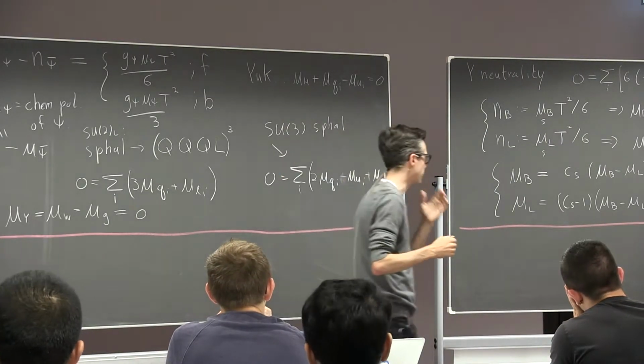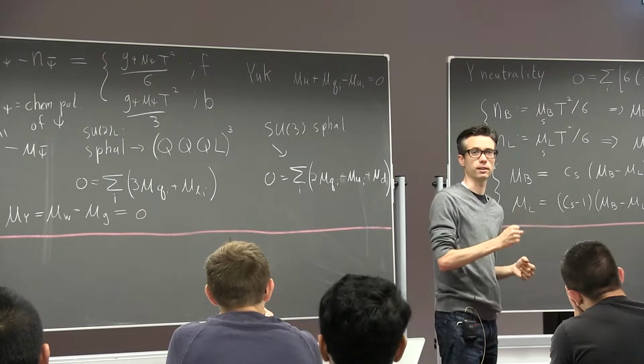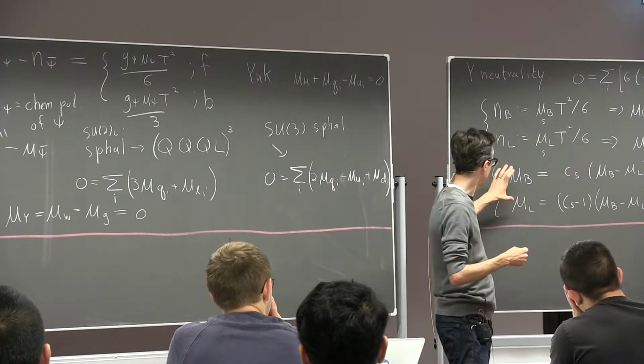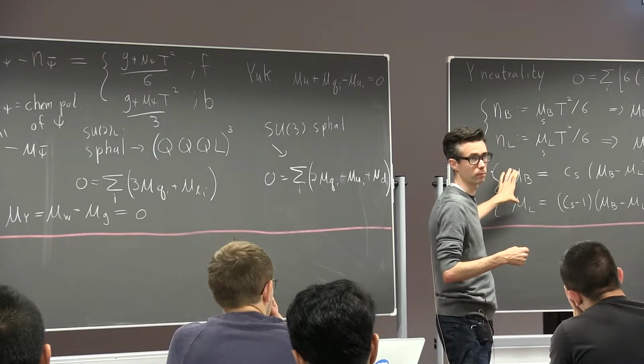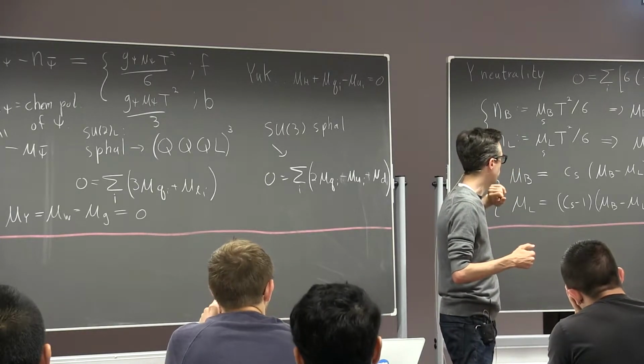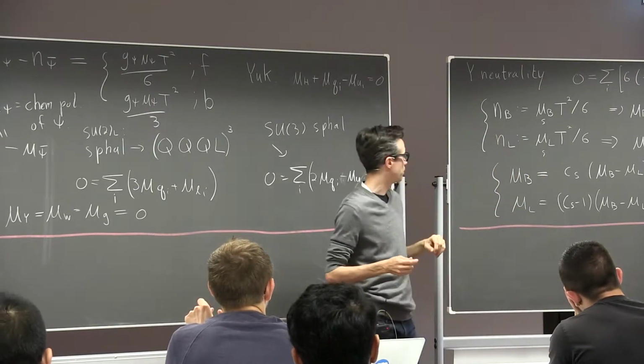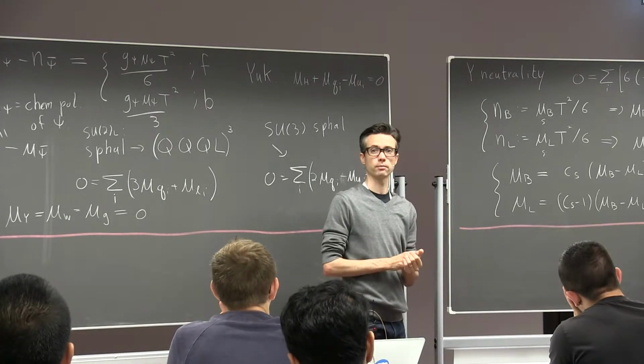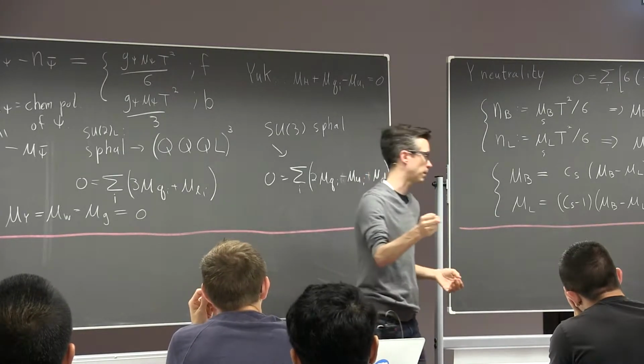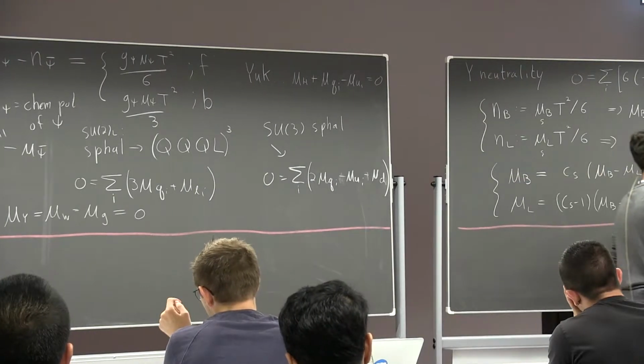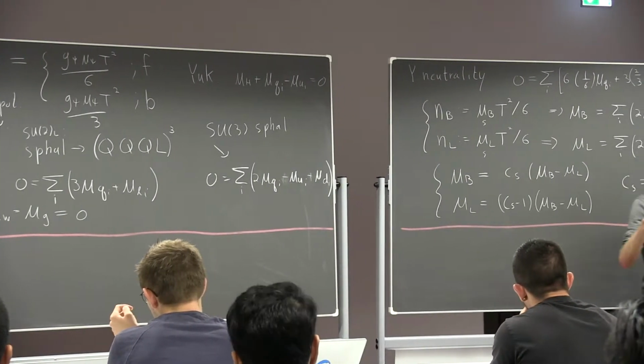So in this basis, if I inject a B plus L, my B minus L is 0 in this different basis for mu_B and mu_L. In that case, what this expression says is that the sphalerons wash out the B plus L. So if the only thing I inject into my plasma is a B plus L, the sphalerons come along and eat up that B plus L and get rid of it.